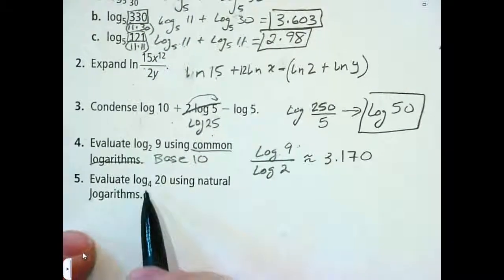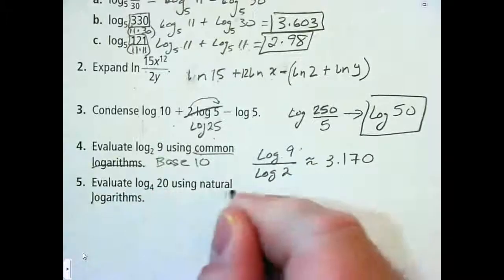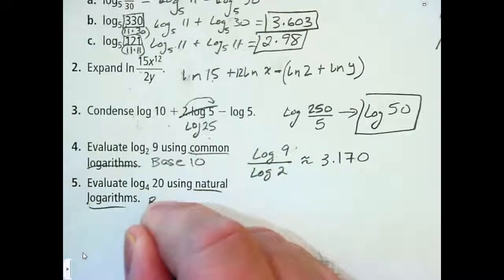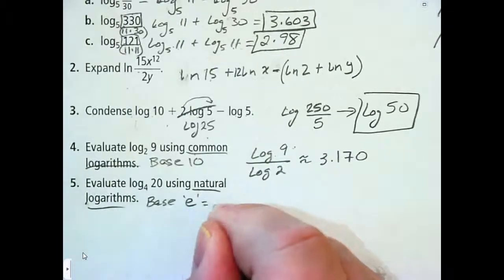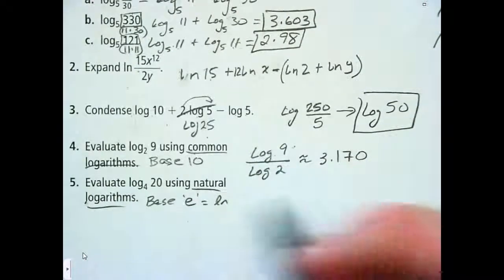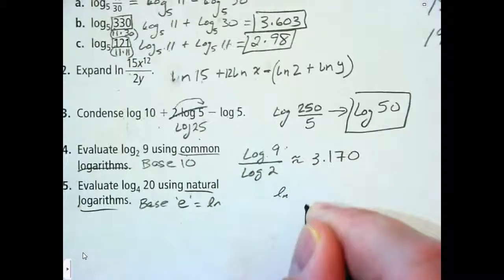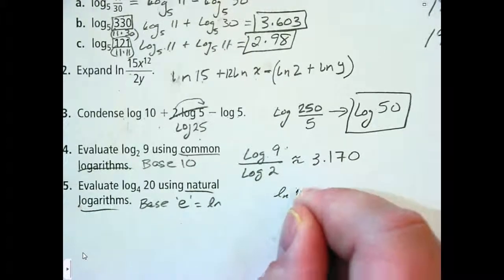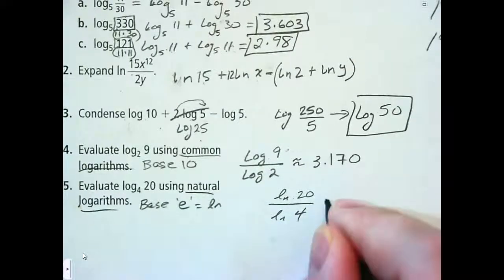All right, evaluate log base 4 of 20 using natural logs. Natural log is base e, which we like to call ln. So using the natural log, we would write that as ln of 20 over ln of 4.